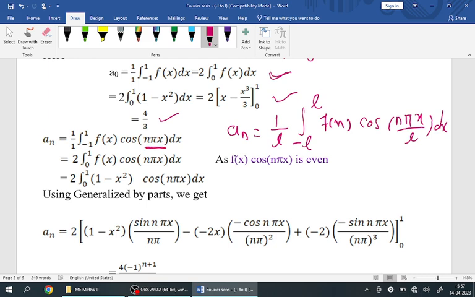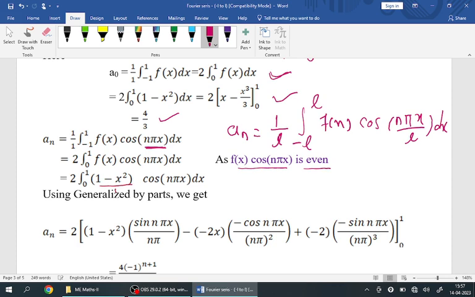Cos nx will be the case when L is pi. In this case L is not pi, L is 1, so cos n pi x will be left. The same property is used: as f(x) is even and cos is even, this integrand is even, so it becomes 2 times 0 to 1, because this is an even function.